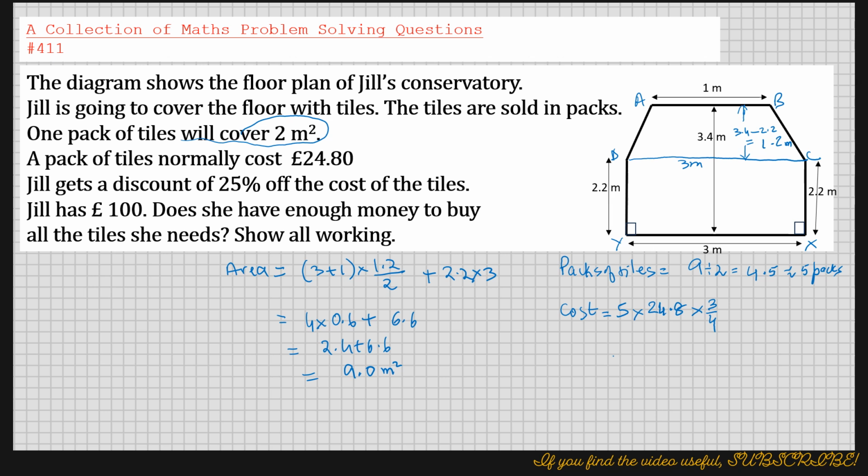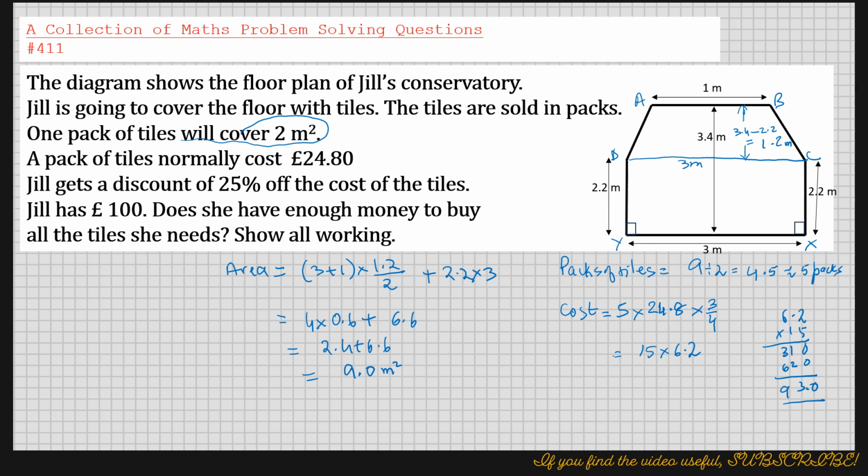So then what do we get? That would give us 15 multiplied by 6.2, since 4 times 6 is 24 and 4 times 2 is 8. So 15 times 6.2 gives 93.0.